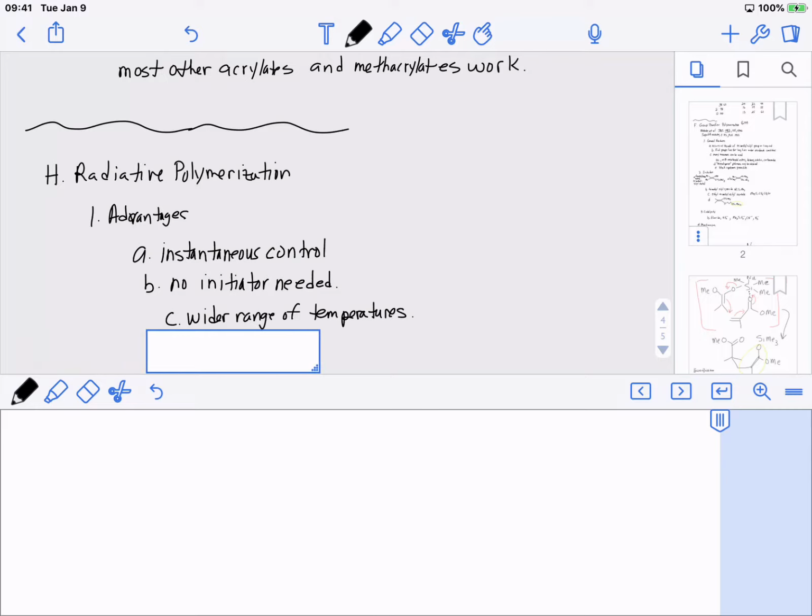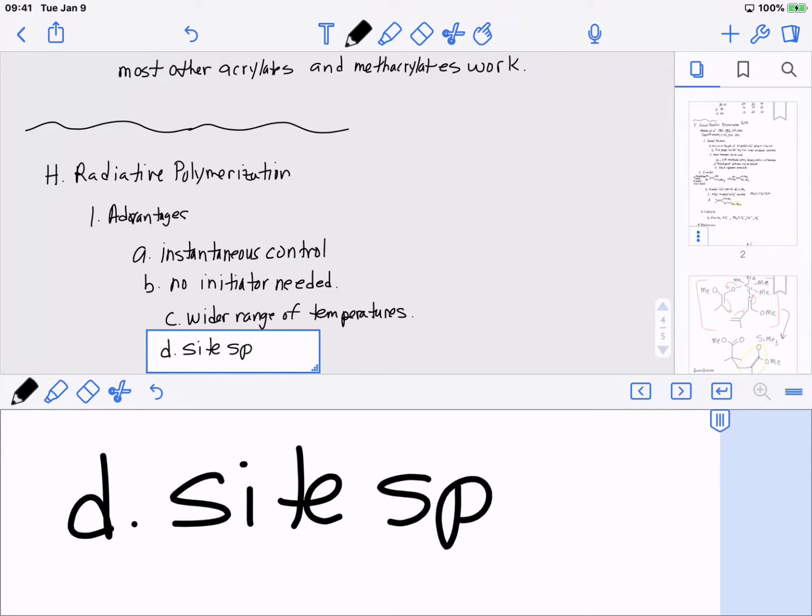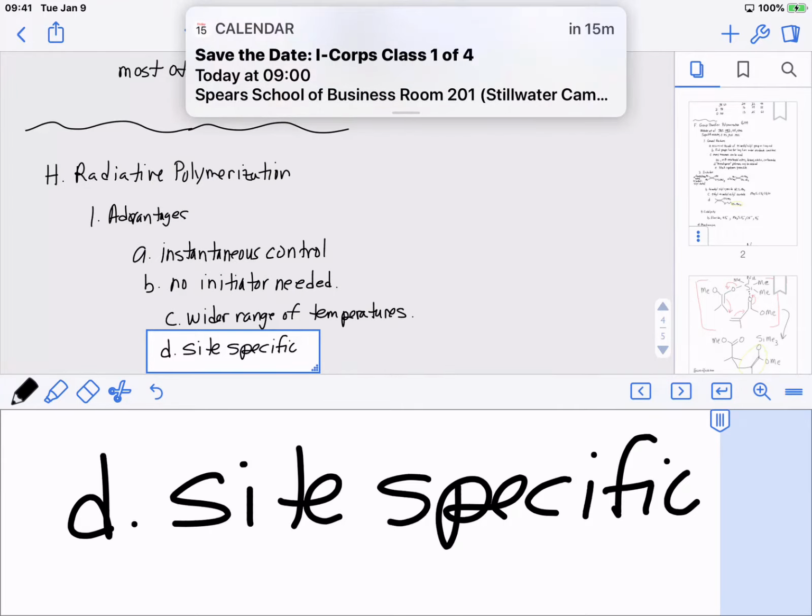Sometimes it is site specific. Depending on the radiation, for example, if you have some dangling double bonds, like in a 1,2 addition of butadiene, you can activate those selectively.